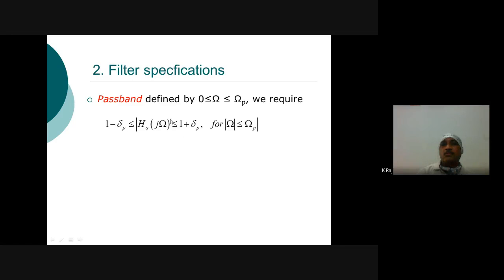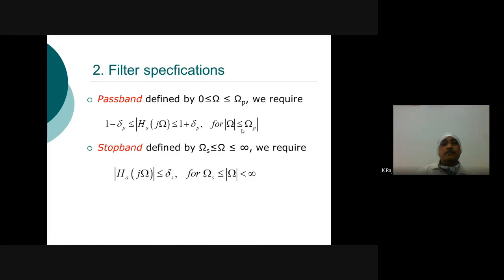In this range, it should be the magnitude, for which range of the frequency, that is the mod of omega less than or equal to omega p. And the stop band is defined by the range of frequency that starts from omega s onward, and we will define the value of the magnitude of the filter that lies here as either equal to delta s or less than delta s in the stop band.